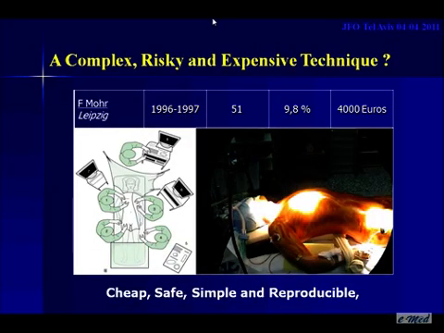Of course, the reputation of this approach is to be more complex, more risky, and expensive. For instance, this is one paper of one of the early pioneers, Friedrich Mohr from Leipzig, who published in 2000 his first 51 patients.